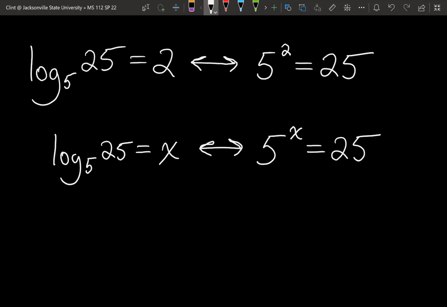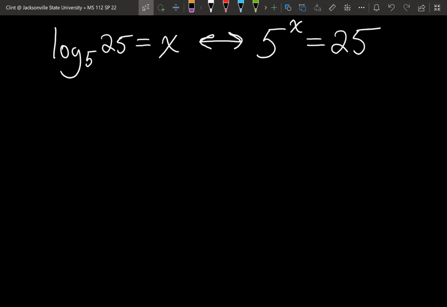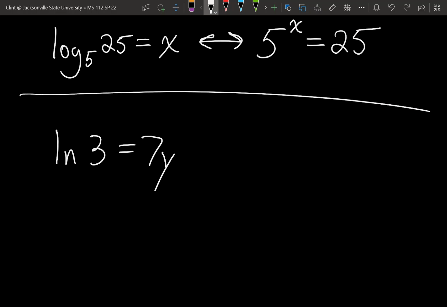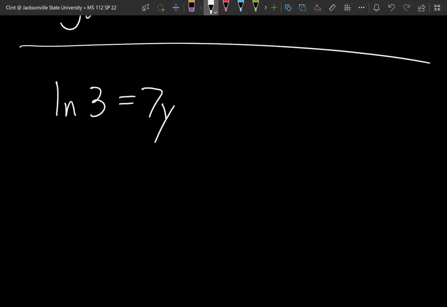Let's see, let me find us a good one. What about... well, we got that. Okay. And we'll say express in exponential form.